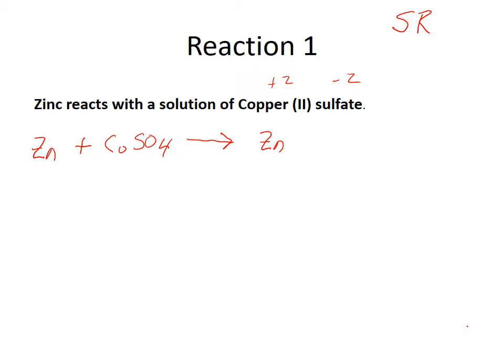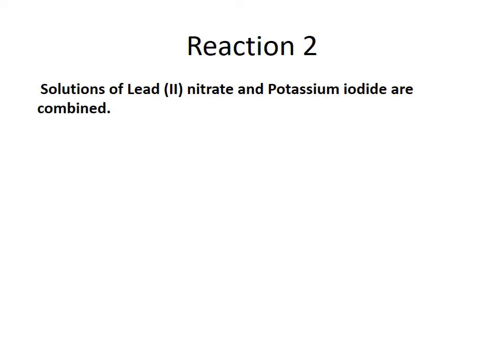Zinc is plus 2, so that would be ZnSO4. They just go together, and then it will kick out copper here. Once we've figured out our products, we can balance it. We've got one zinc, one copper, one sulfate, one sulfate. So that would be balanced.